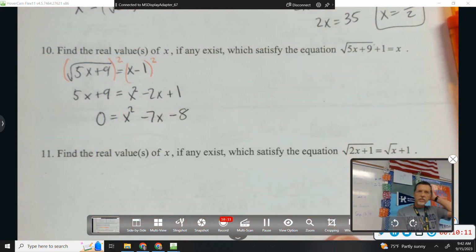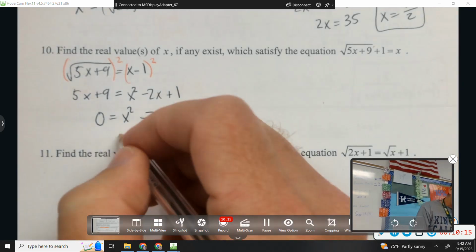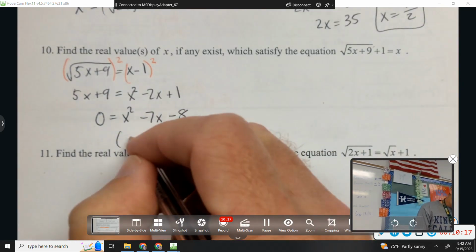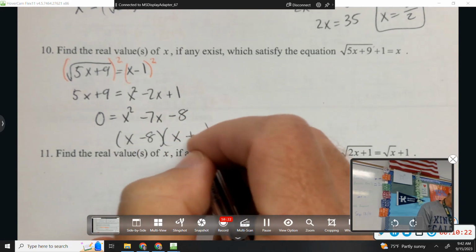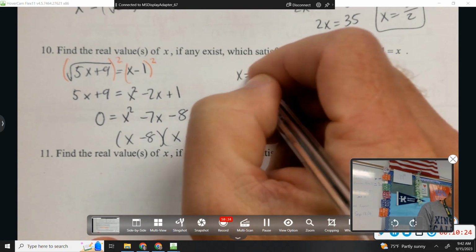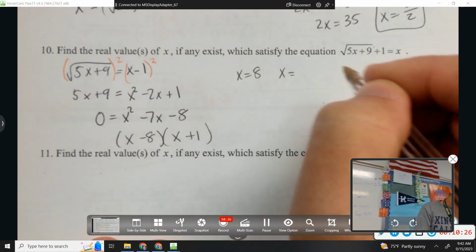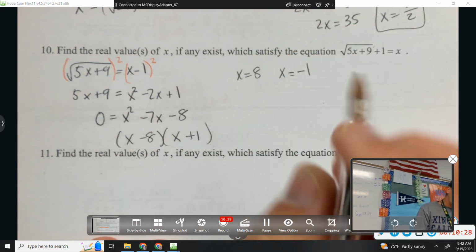Hope that it factors. But if it doesn't factor, we can still handle that. They were kind. X minus 8 and x plus 1. So x equals 8 and x equals negative 1.